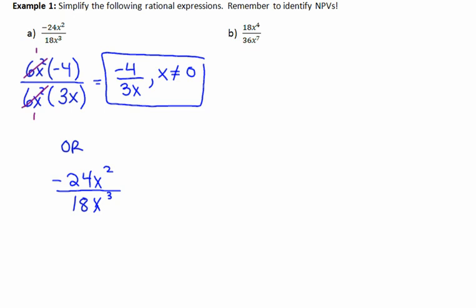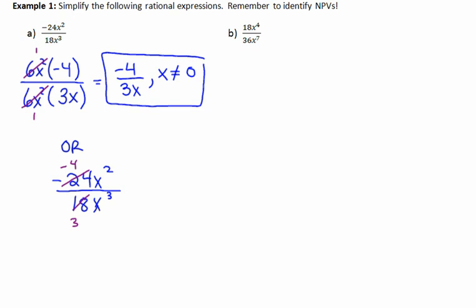So then what's negative 24 divided by 6? Negative 4. And remember we did this a little bit last day? 18 divided by 6 is 3. Okay, so we can literally reduce our numbers right there just by dividing them by 6.